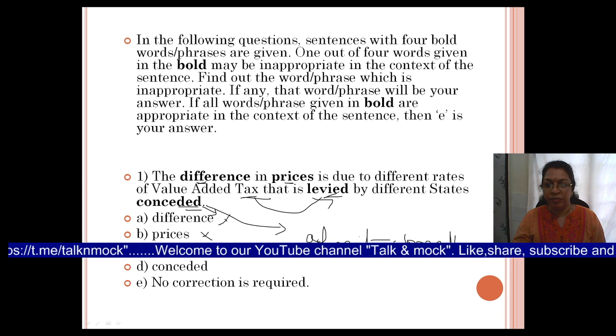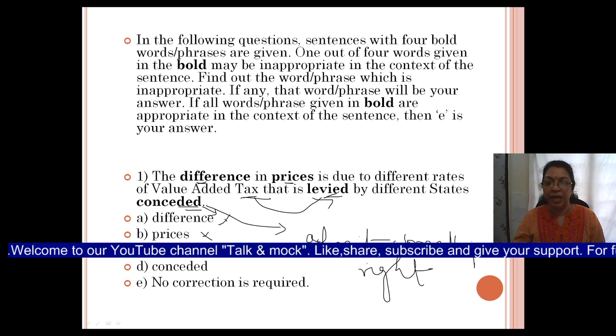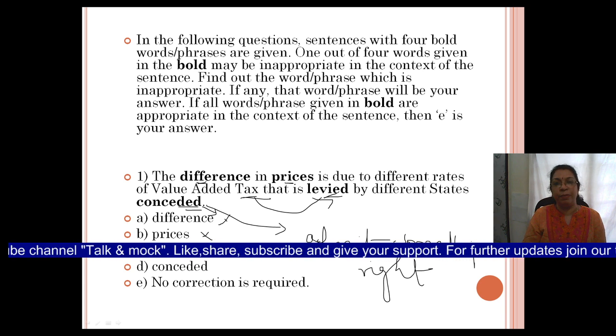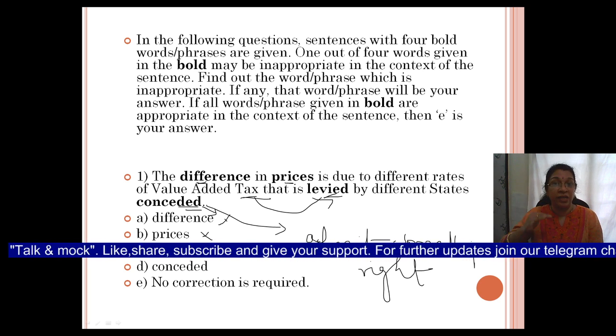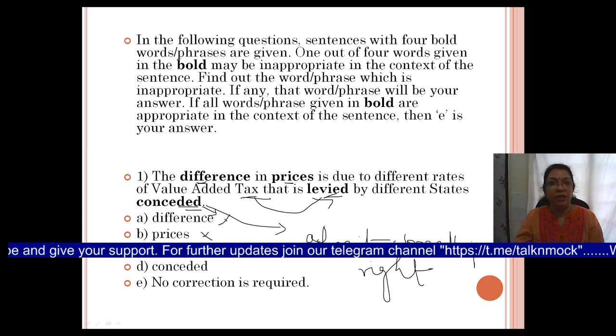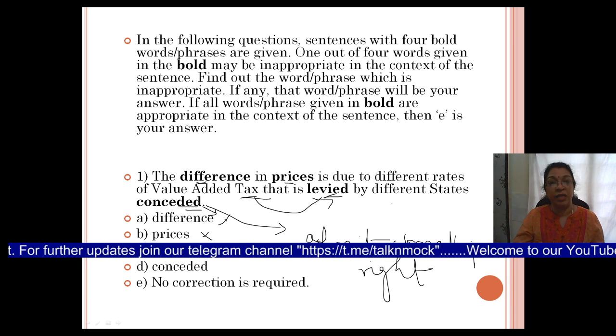For example, first you give some statement, later you realize that it is wrong, so then you correct your statement. That is called conceded. But in this context, different states issuing a tax is not conceded.